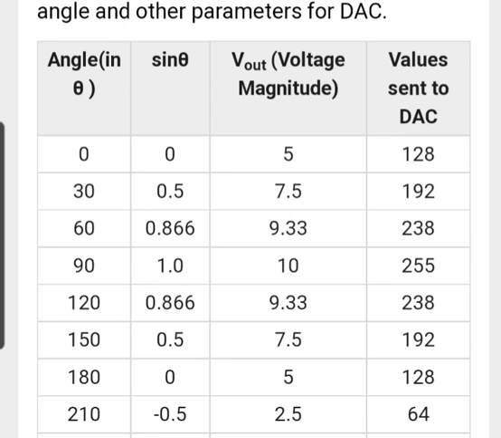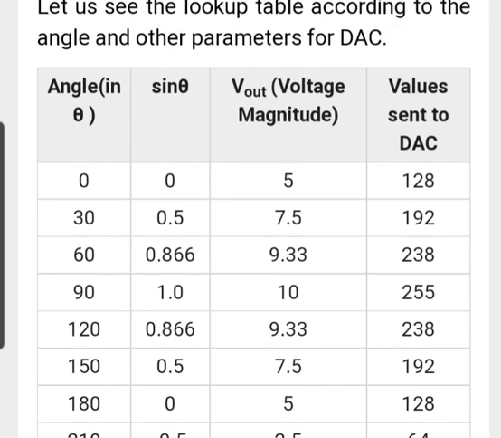Now here is the lookup table, which shows the angle and other parameters for the DAC. The first column shows the angle theta, that is 0, 30, 60, 90 up to 360 degrees. Then the value of sin theta is given here. Then the voltage magnitude, that is V out, is also given using the above formula, and then the values which are sent to the DAC are shown.